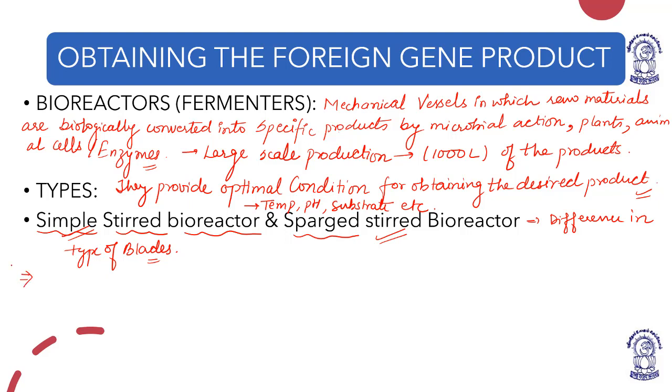Now, in the sparge stirred tank bioreactor, sterile air bubbles are sparged. The surface area for oxygen transfer is increased. The sparge stirred tank bioreactor is free from any germs. It helps to mix, rotate, stir, and produce sterile air bubbles.